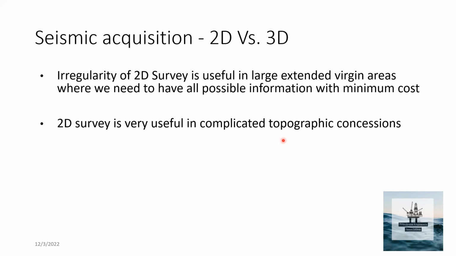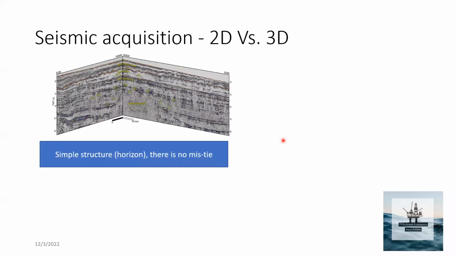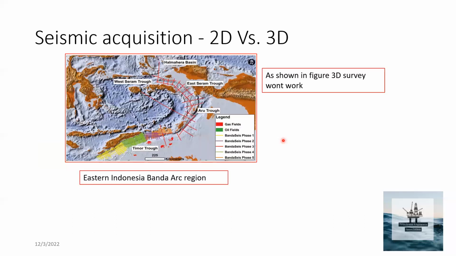2D surveys are also very useful in complicated topographic concessions. So for example, in this area, we have the red lines. These are 2D lines, okay? 2D acquisition was used for this area because it's almost impossible or very difficult to have a regular 3D survey.